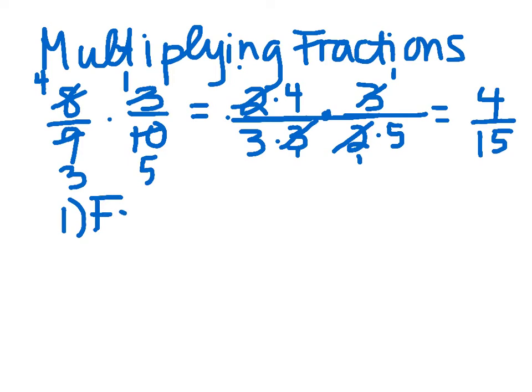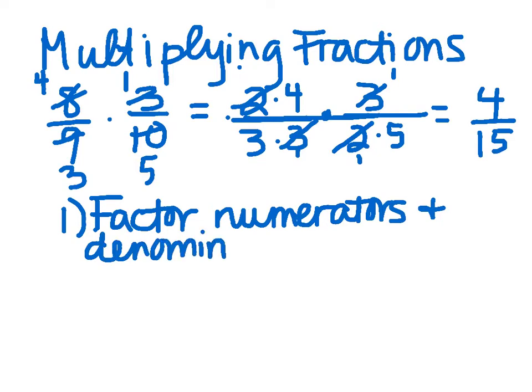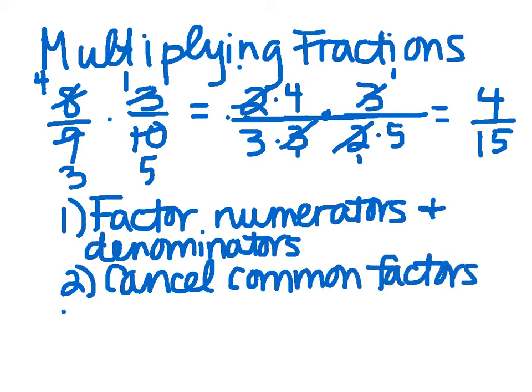The first thing, and you'll see this is a common theme this chapter, is factor the numerators and denominators. Second, cancel common factors. And third, multiply across.